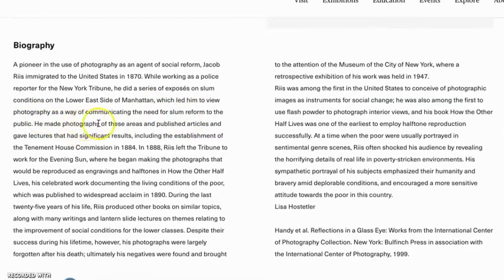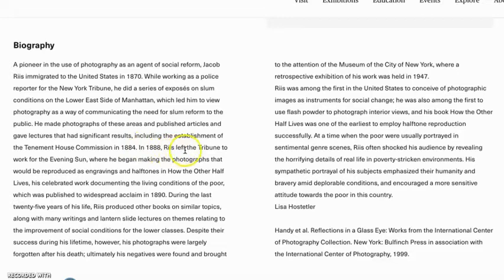He made photographs of these areas and published articles and gave lectures that had significant results, including establishment of the Tenement House Commission in 1884.